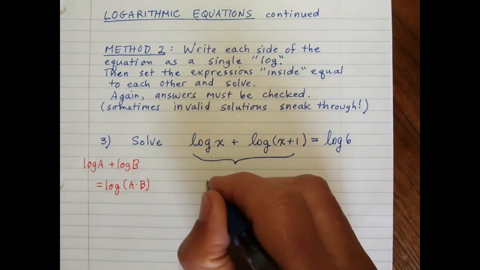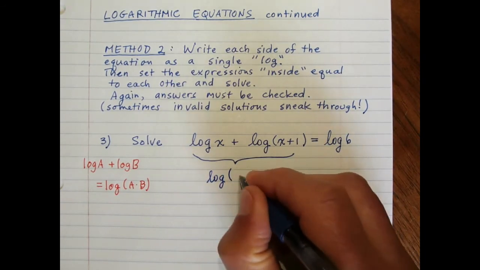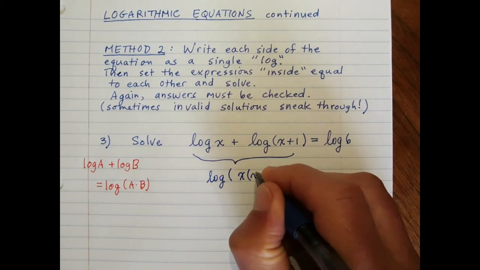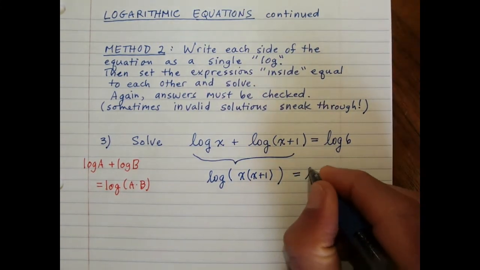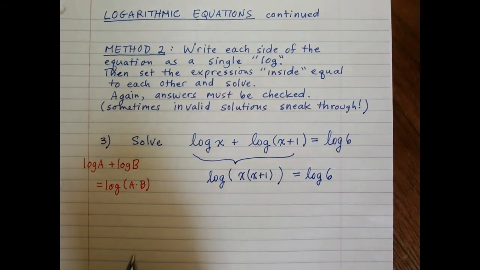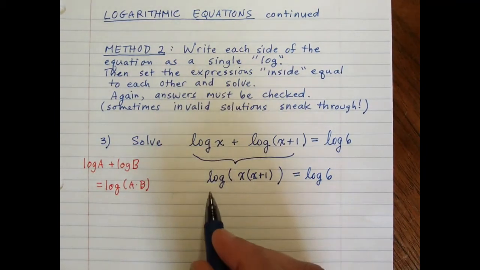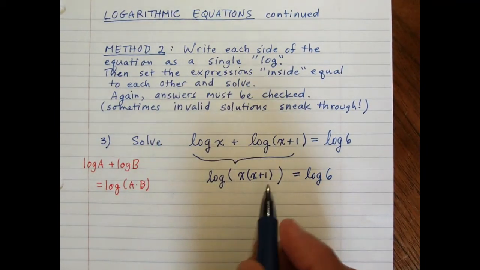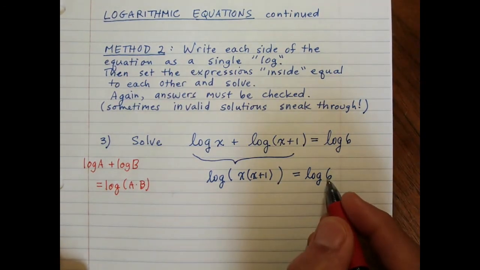And so I can say that the left-hand side is log of x times (x + 1) equals log of 6. Now, this is what I mean by write each side as a single log. I have log of one quantity equals log of another.